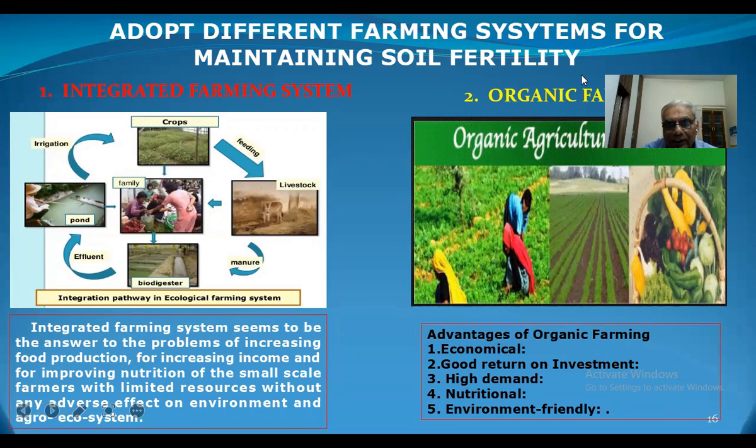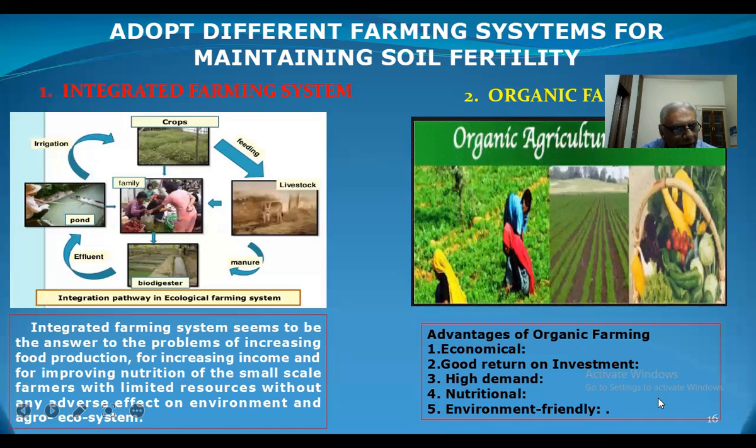Then organic agriculture. You know that at present, everybody is talking about organic farming because the soil has become dead due to excessive use of chemical fertilizers, pesticides, and herbicides. So now we have to switch to organic farming. In organic farming, there are different advantages. Economical: it gives a good return on investment, high demand, nutritional, environment friendly.